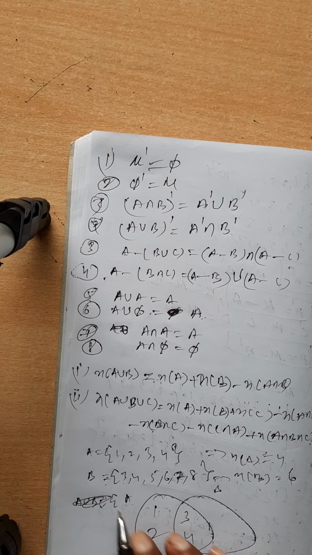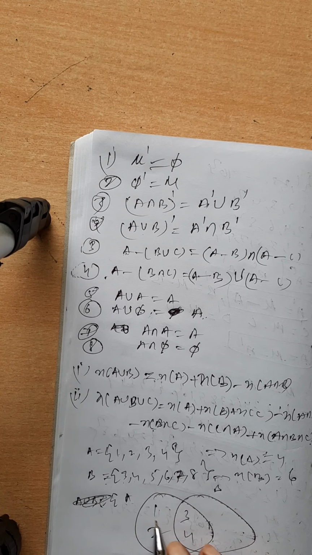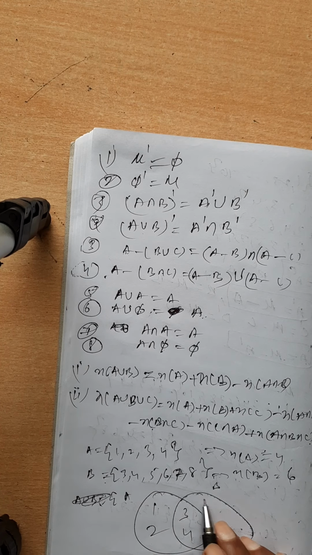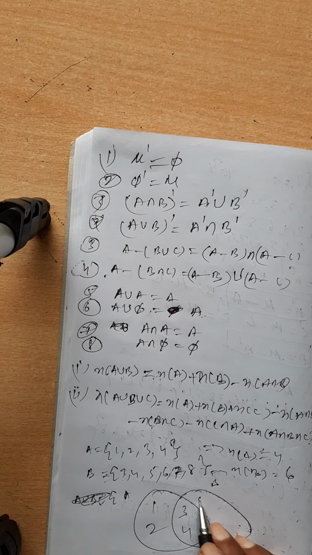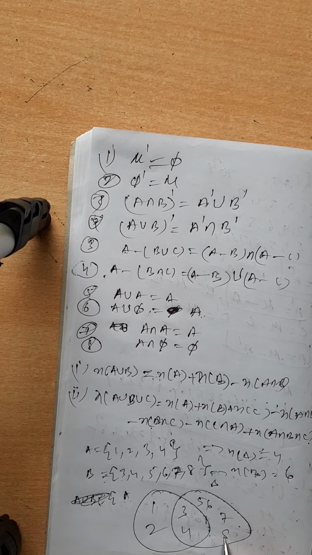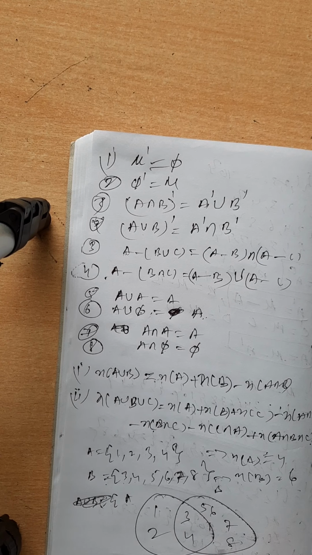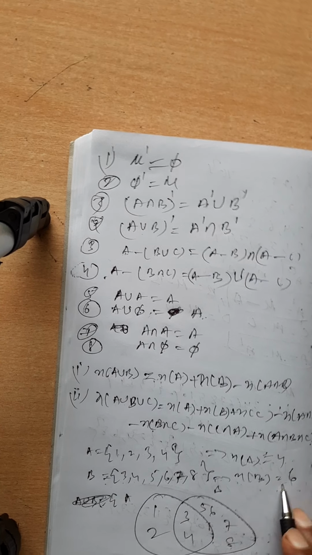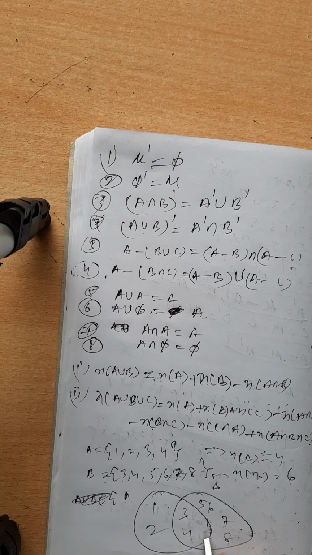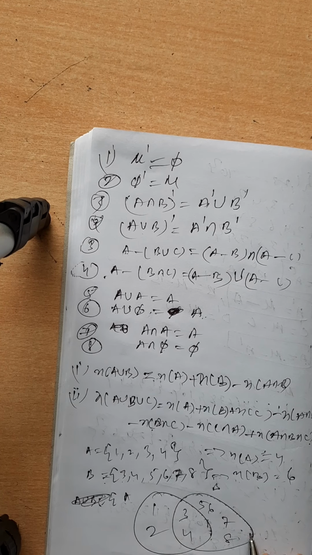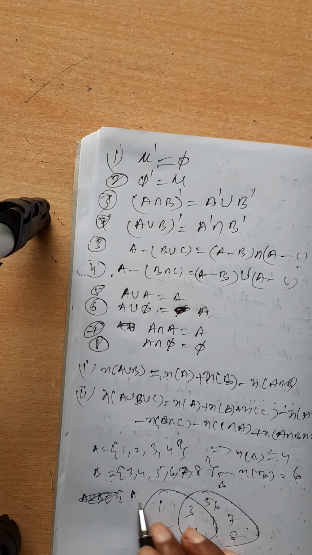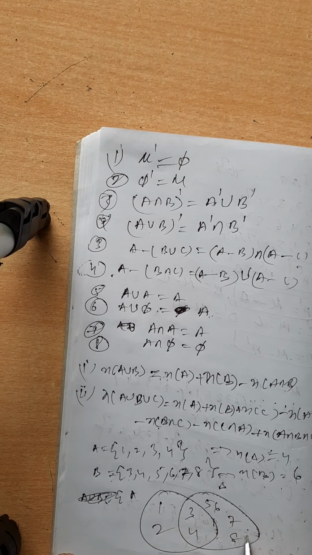1, 2 is here, so A has only 4 elements: 1, 2, 3, 4. What about B? We have again 3, 4, 5, 6, 7, 8. So B has these 6 elements. A has 4 elements. Correct. If you take the union, what do you have to write? You have to write all numbers once.